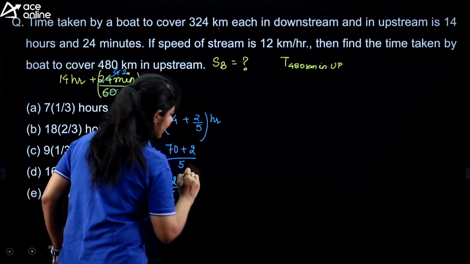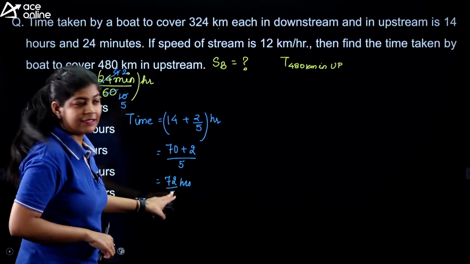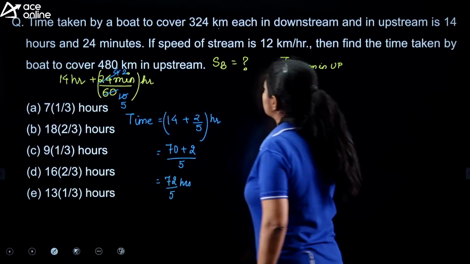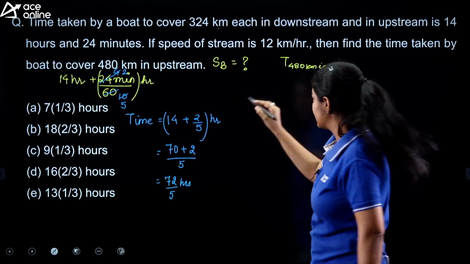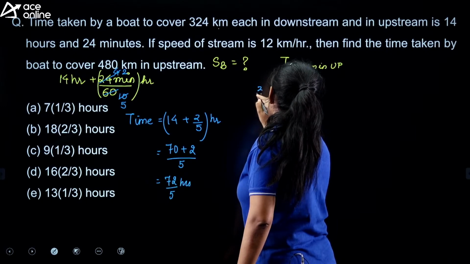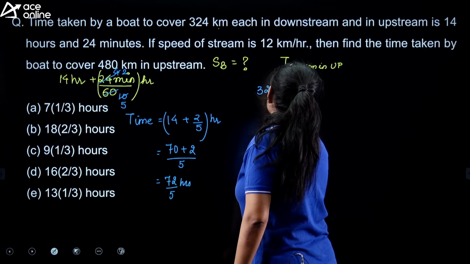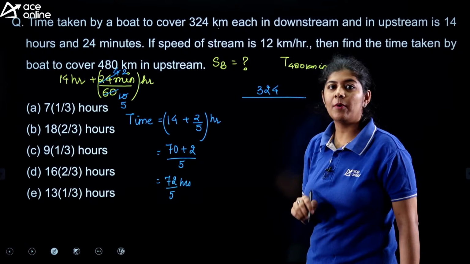This is the total time taken, and it is equal to the following, because the boat is covering 324 km on both sides. Time is nothing but distance upon speed.